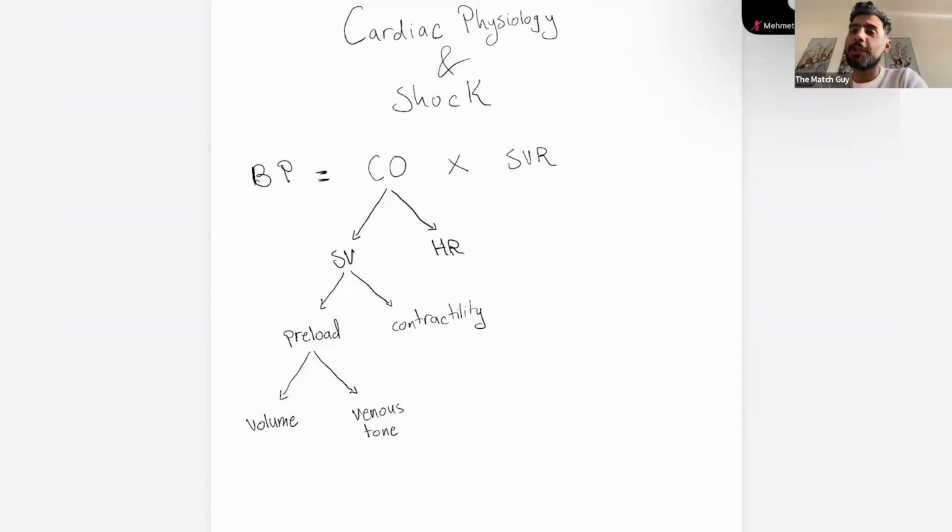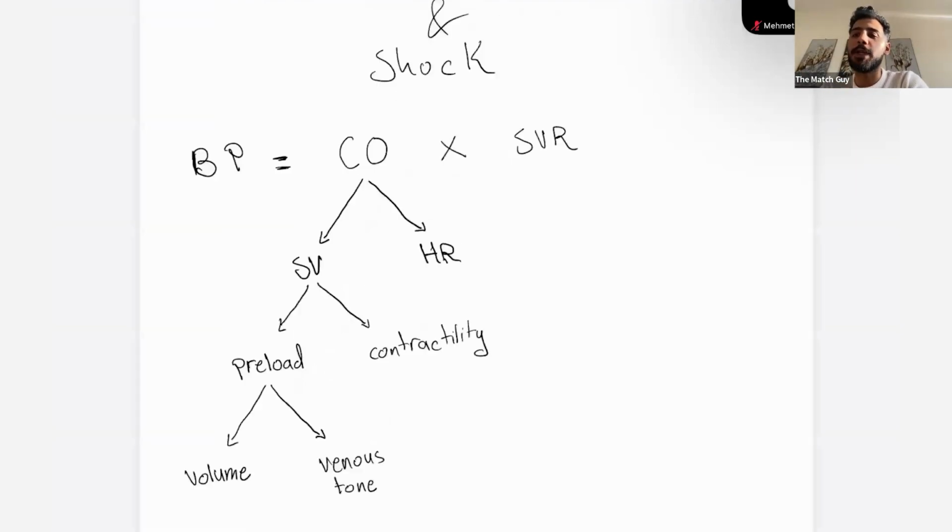And to properly understand shock, we have to understand what is shock. So shock is a state where the organs are not getting enough perfusion. They're not getting enough blood flow. And this, in almost all cases on the USMLE, is going to be associated with low blood pressure.